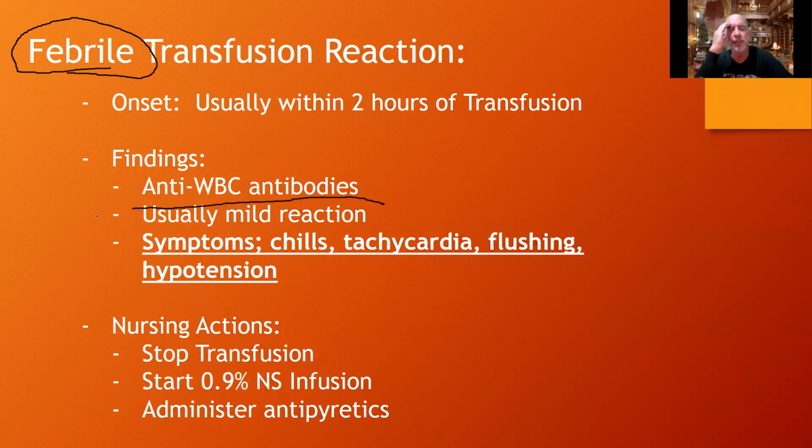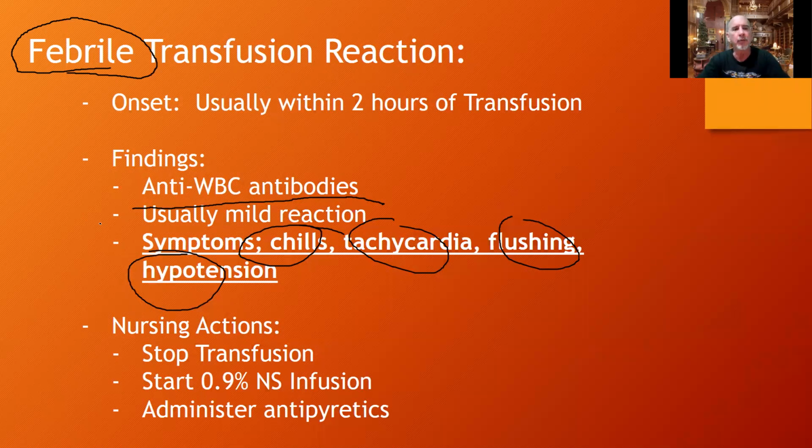It's launching an immune system response. And an immune system response always manifests as chills, fever, flushing, tachycardia, hypotension. There again, all those things that are similar to somebody going into shock.